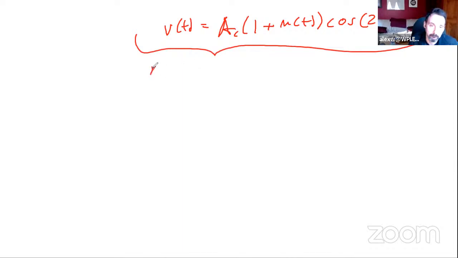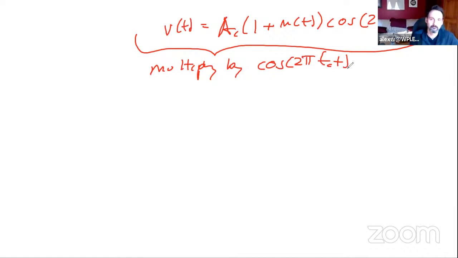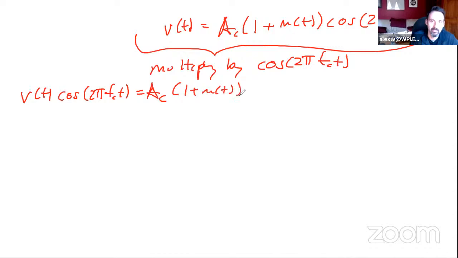Multiply by another cosine, 2 pi fc t. What? Yes, yes, yes. Here's why. Ac. Oh boy.